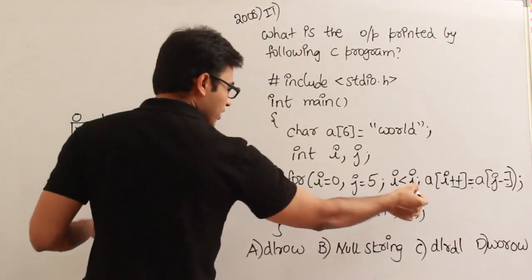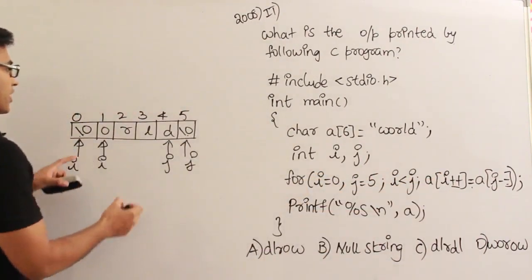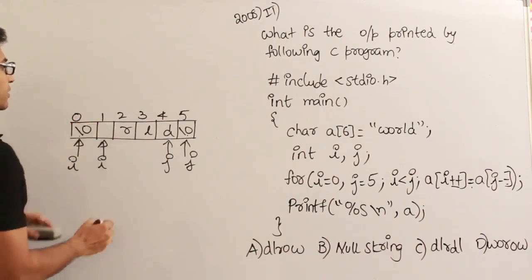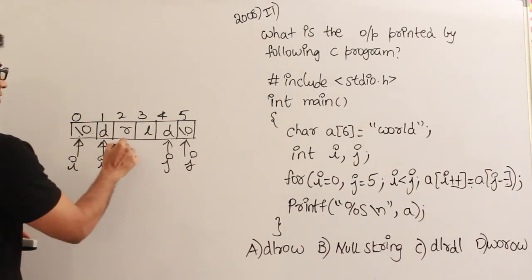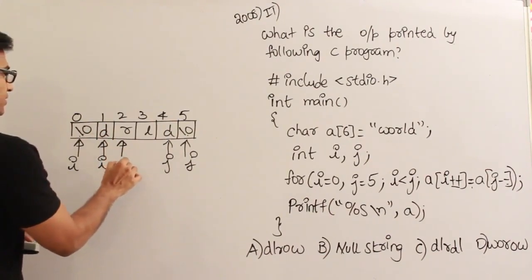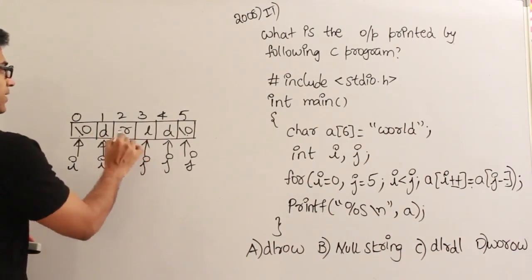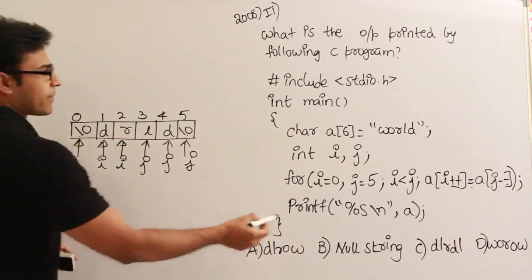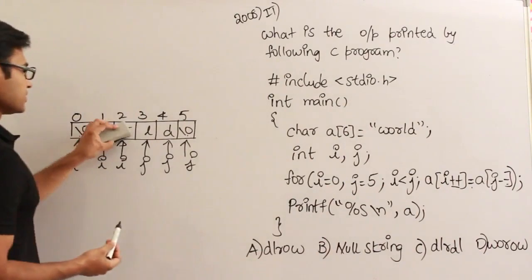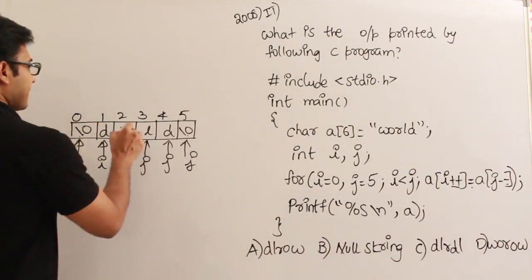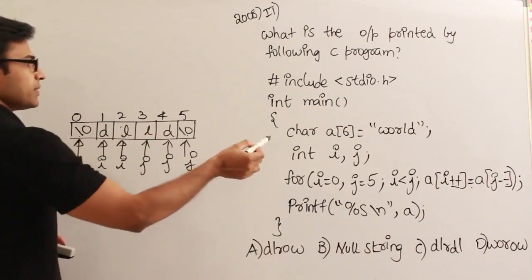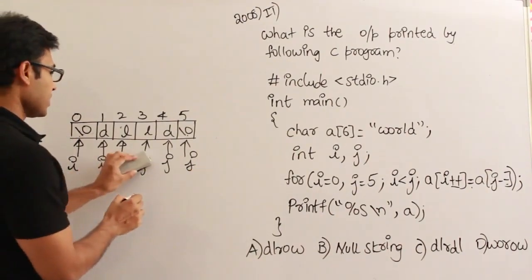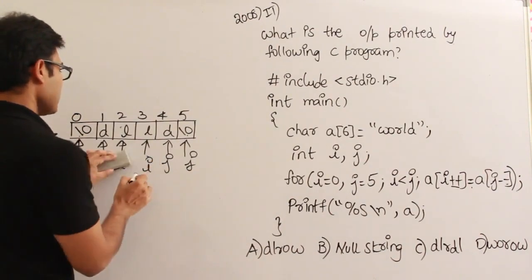There is no body, so again you come to the increment part. Then a[i] = a[j], which means a[1] will become D. Again i++ and j--, and again the assignment a[i] = a[j], which means here we get L. Again i++ and j--, which means i will come here and j will come here.